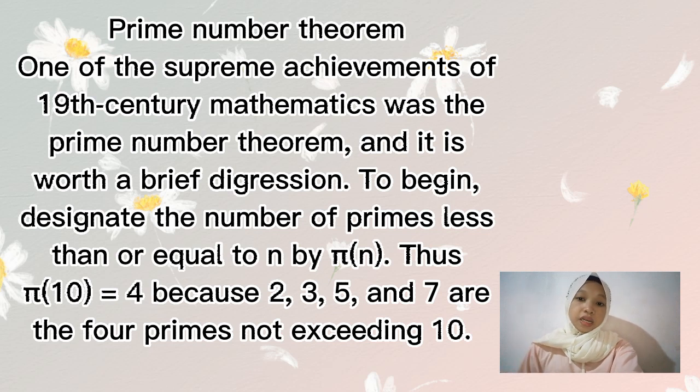The pattern is anything but clear, but the prime number theorem identifies one, at least approximately, and provides the rule of distribution of primes among the whole numbers. The theorem says that for large n, the proportion π(n) over n is roughly 1 over log n, where log n is the natural logarithm of n.